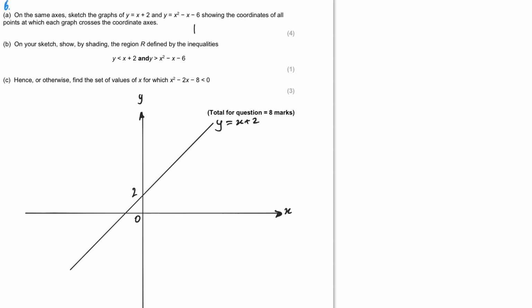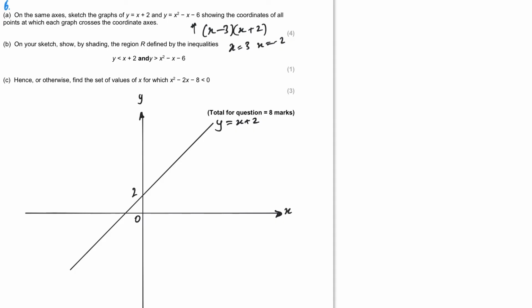Then my next graph, I do need to factorize this. So it's going to be an x and an x. It's going to be a 2 and a 3, isn't it? Minus 3 plus 2. Therefore, it's going to cross at x equals 3 and x equals negative 2. So x equals 3, I don't know, somewhere over here.